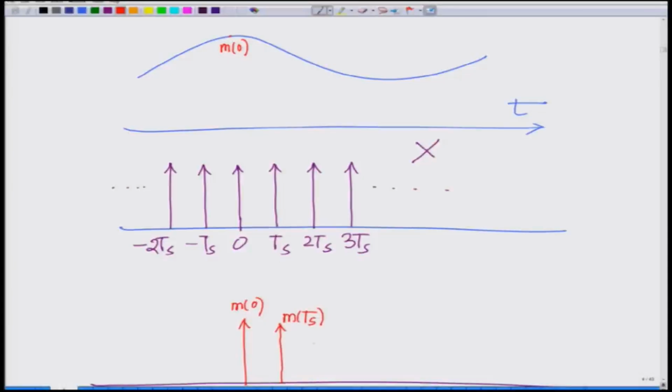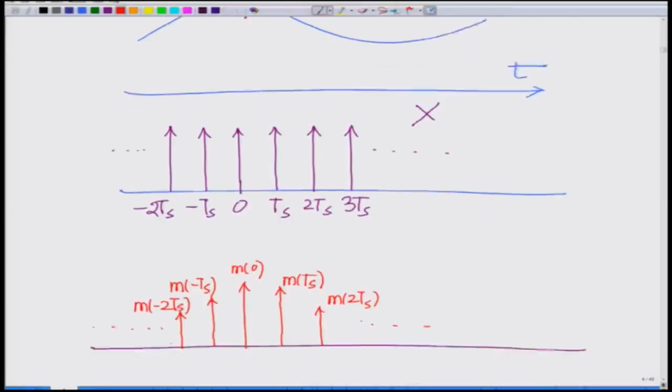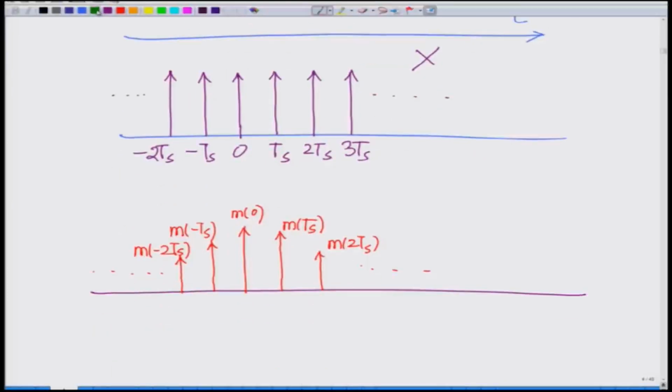At 2 Ts you will pick whatever is the value here, that will be m of 2 Ts, and of course, at minus Ts you will pick this value, that is m of minus Ts. At minus 2 Ts you will pick m of minus 2 Ts. So, this is basically your sampled signal.